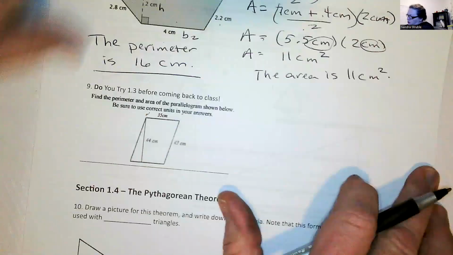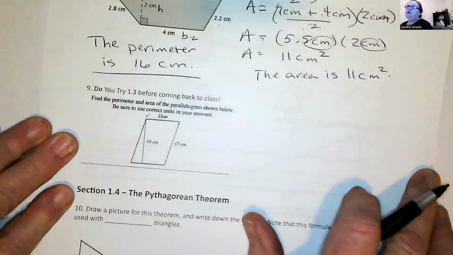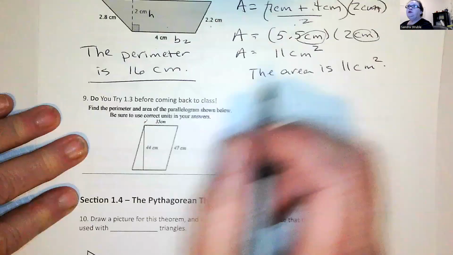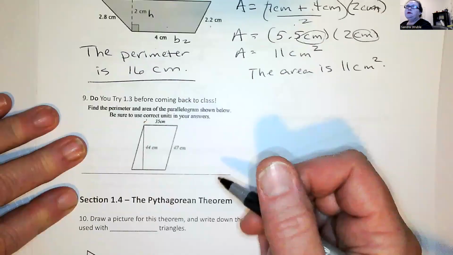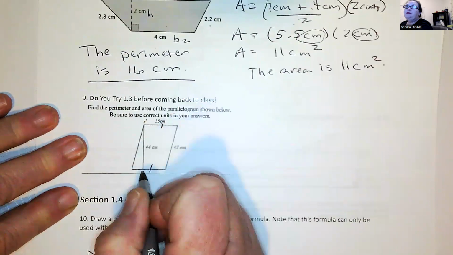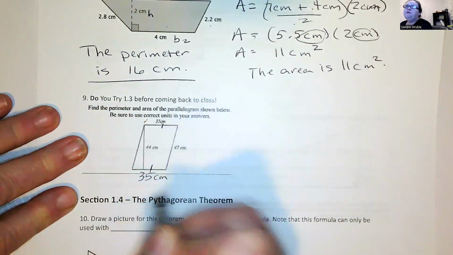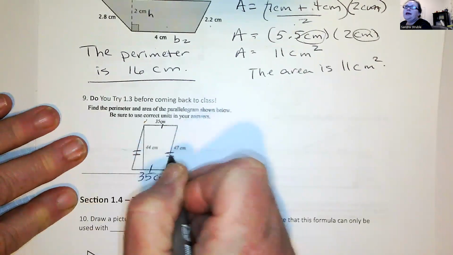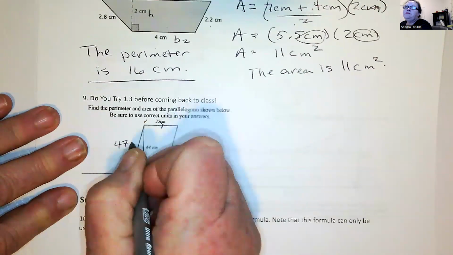All right, looks like we've got a Try It down here too. So this is a parallelogram, which is base times height for the area. And like I told you earlier, when we were talking about parallelograms, this side is parallel to this side, and they're the same length. Okay. This side is parallel to this side, and they're the same length.